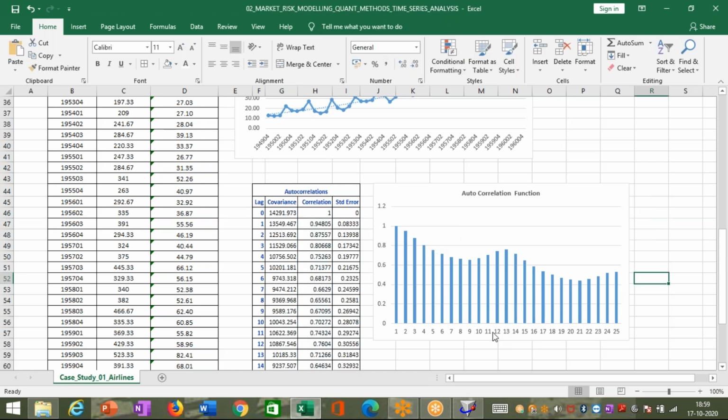Now, if I have a loop, right? So one of the things that I see is that up to the eighth lag, it is decreasing. Then again the autocorrelations are increasing, right?